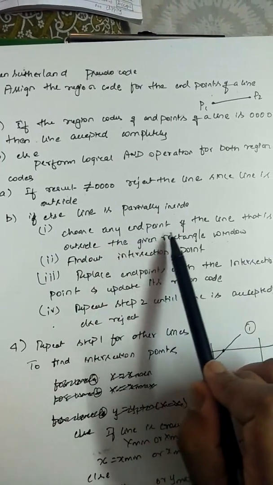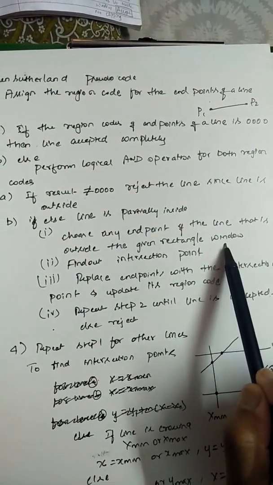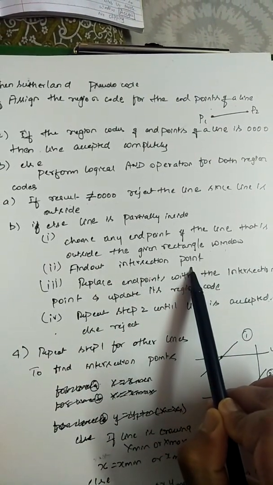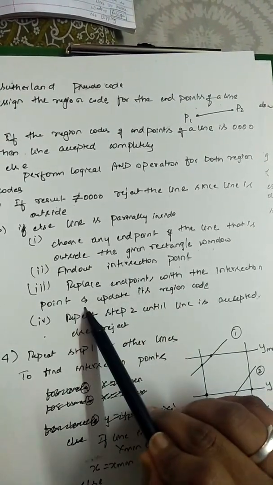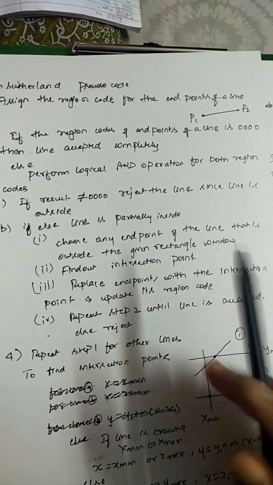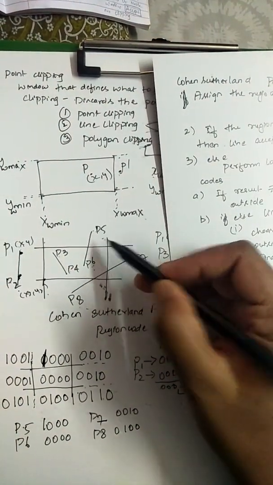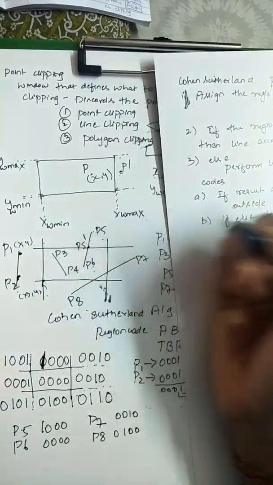So choose an endpoint of the line that is outside the given rectangle window. Find the intersection point. Replace the endpoint with the intersection point and update its region code. For example, instead of P5, I'll take P5 dash.